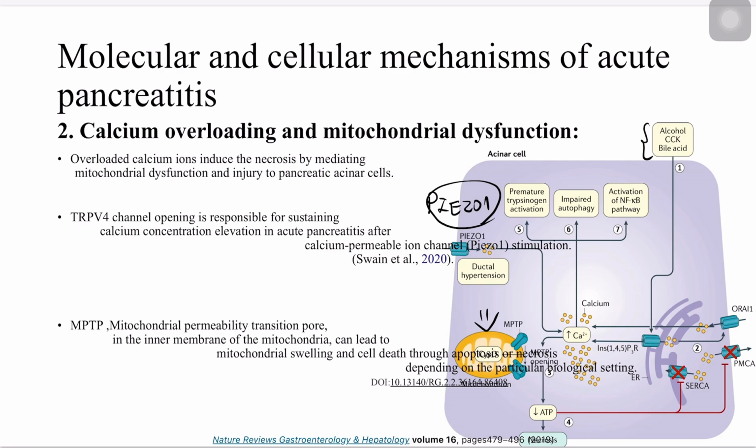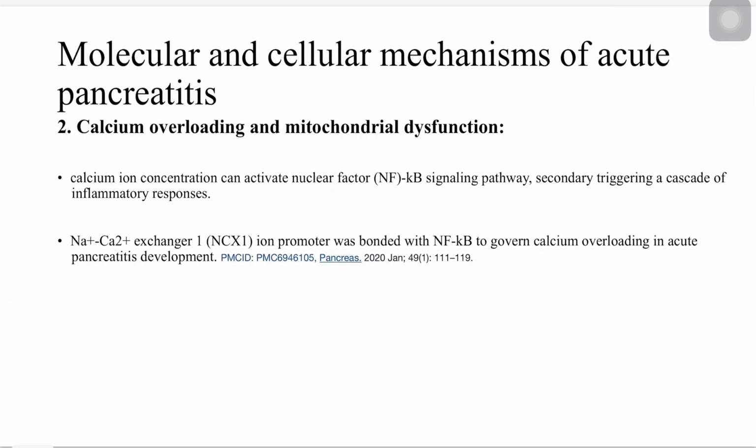This can cause the activation of the ORAI1 channel, which can open and increase the calcium, and also affect the endoplasmic reticulum and increase the calcium release, with a hypothyroid mechanism, like affecting the hypothyroid receptor. Calcium overload and the mitochondrial dysfunction. We can continue with this topic.